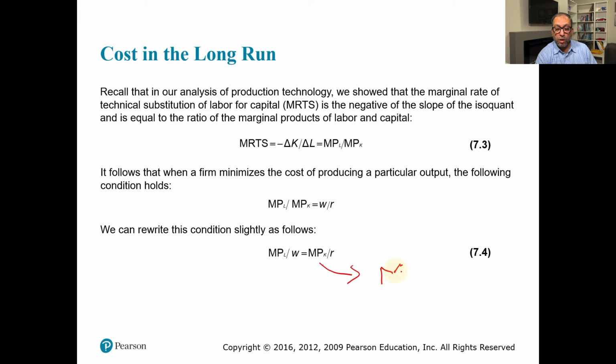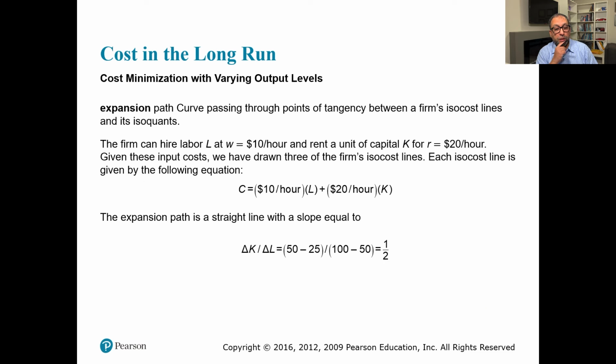You remember we discussed that the marginal utility of X divided by the price of X should equal the marginal utility of Y divided by the price of Y. Here, we have the marginal product of labor divided by the price of labor, which is the wage, and the marginal product of capital divided by R, which is the price of capital, or the rent for the use of capital. So it's the same thing, but here we are using it in a different way.